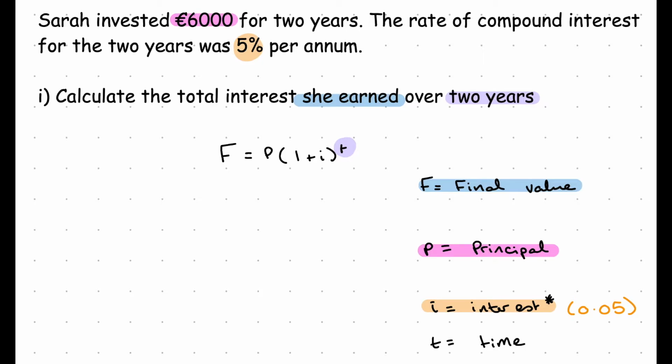So now that we have each piece of information, we're going to be able to substitute it all back in to where we had our formula. So P is going to go there, our interest is going to go in here, and F is what we're looking for. So let's substitute those back in.